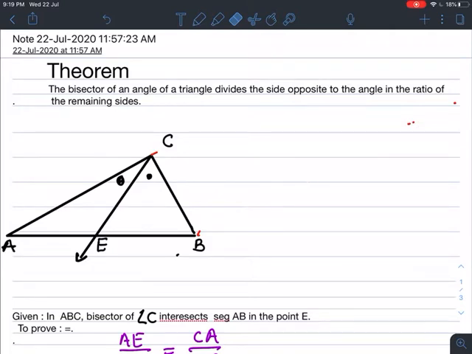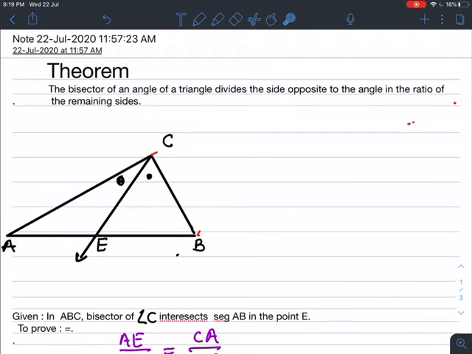The bisector of an angle of a triangle divides the side opposite to the angle. Angle C is bisected, and the opposite side of angle C is AB. So, this bisector divides the opposite side AB into two parts, that is AE and EB.